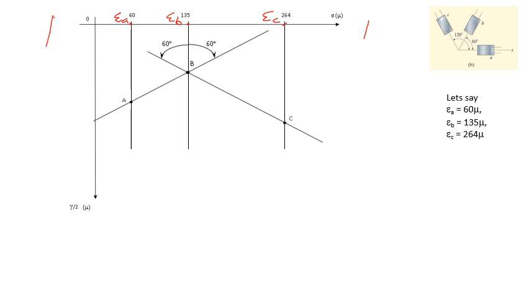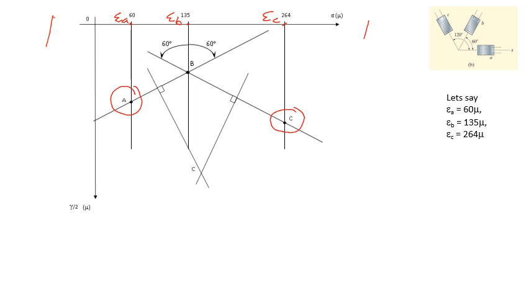So remember, clockwise from B is A. So we draw the line until it intersects the line through A. When it intersects, that point is point A. And for the line which is counterclockwise, we draw a straight line until it intersects the vertical line from C. And that will give us the point C.